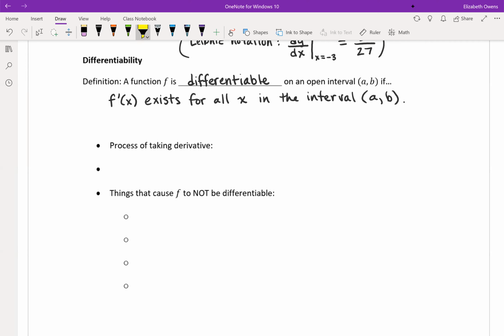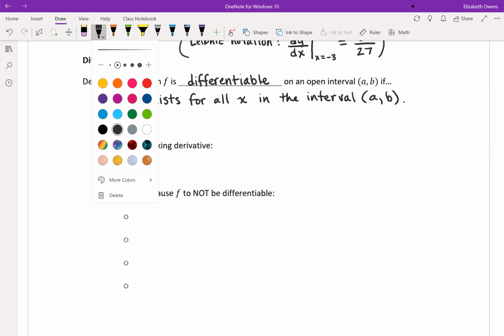This is the idea of differentiability. Basically this means that we are able to take the derivative. So the derivative exists is the same thing as saying the function is differentiable.